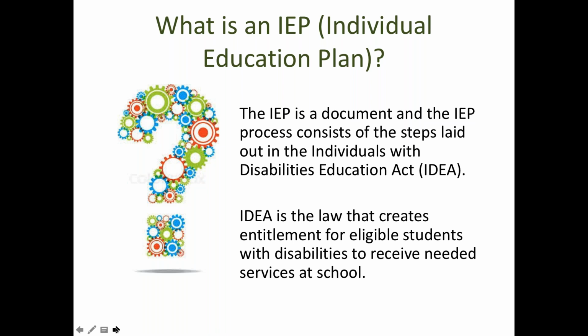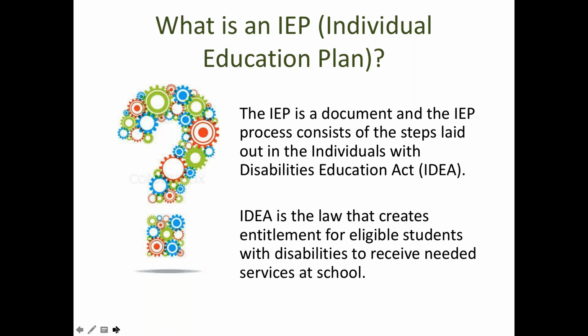And IDEA is a law that is periodically reauthorized by the American Congress, and the last time that was done is 2004, and that's the version of the law we're going to be talking about today, with the specifics to the state of California. Because as a federal law that is enacted by the state, states can give people more rights than things that are in the general federal law. They can give them less. And so what's available in California, what's legal in California may be a little different from the processes in other states.